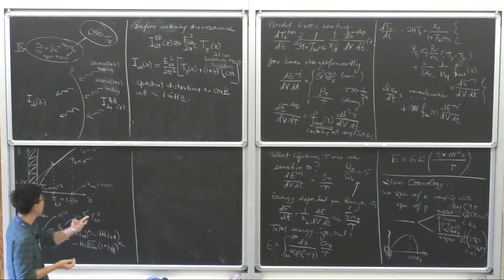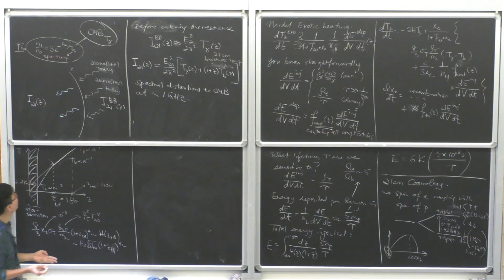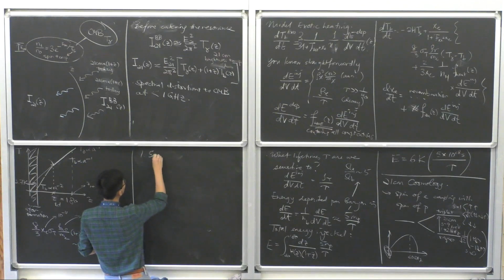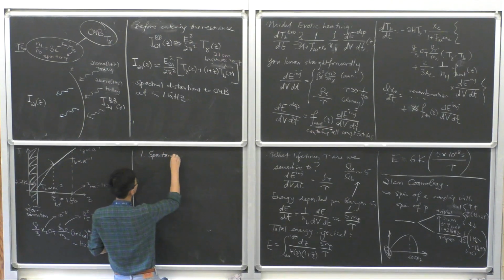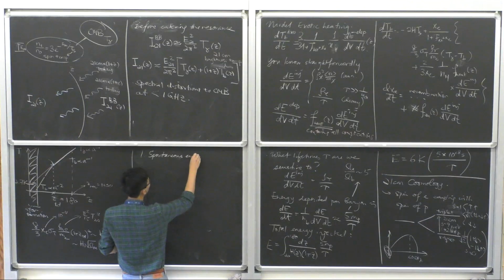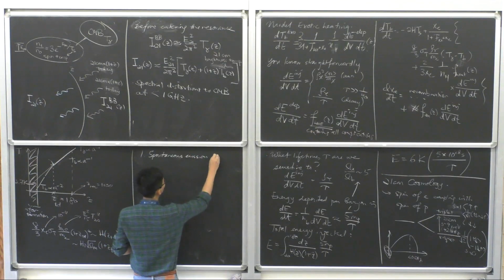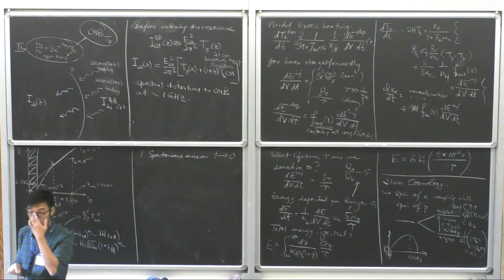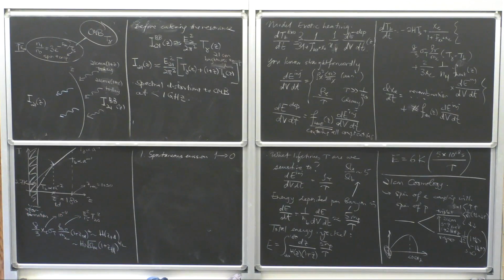And so there are three processes that can happen. Other than free streaming, of course, the photons can just free stream through the gas and nothing actually ever happens. One is spontaneous emission, where you have 1 going to 0 spontaneously. So the excited state down to the ground state, the atom just decays.